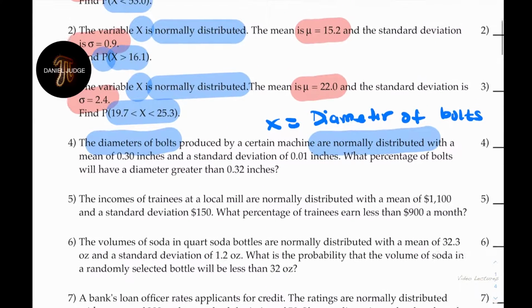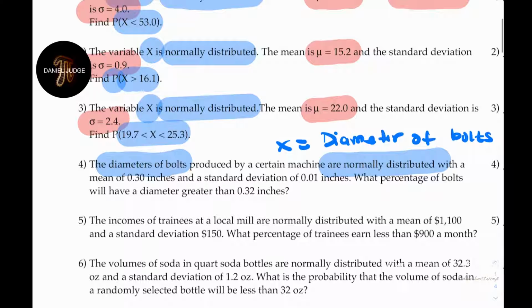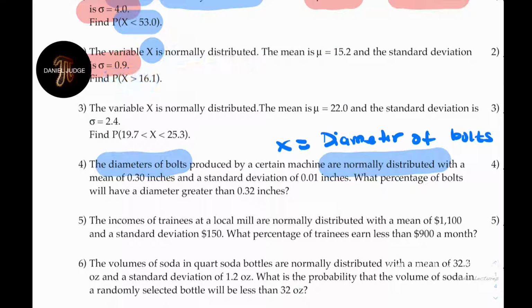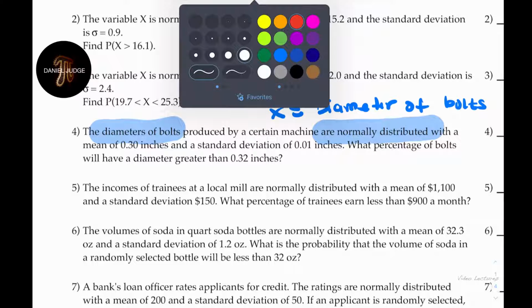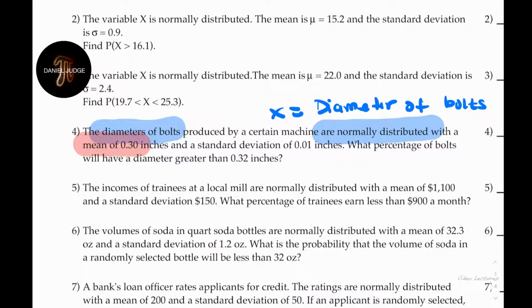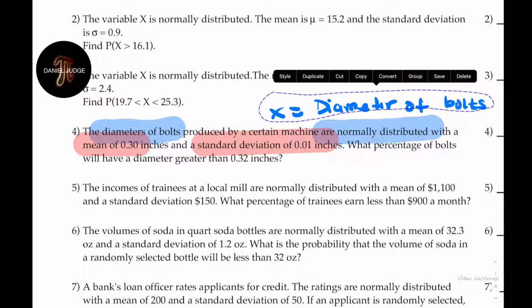I apologize if you can't see that. Let's clear this up so we don't get distracted. So they're normally distributed. What's the mean? They're going to give you the mean. They say the mean of 0.3, standard deviation of 0.01. Let's copy that.